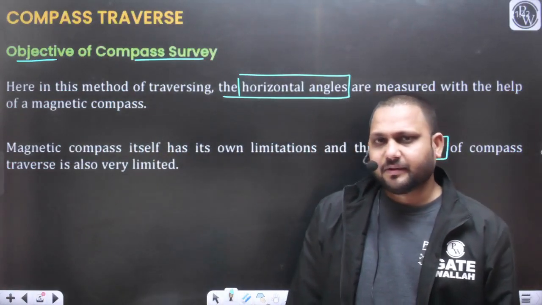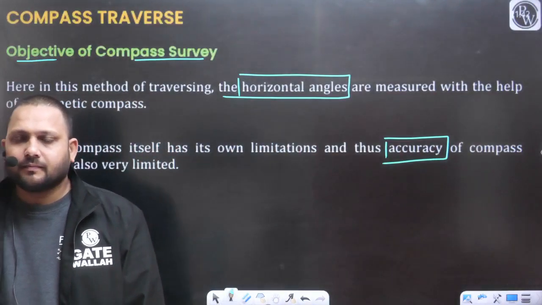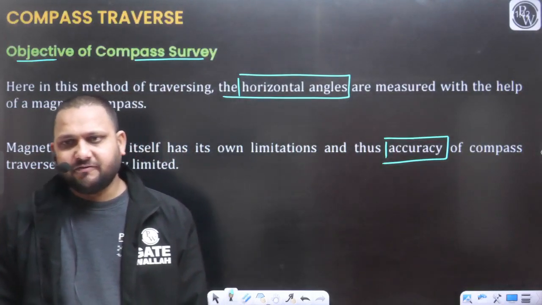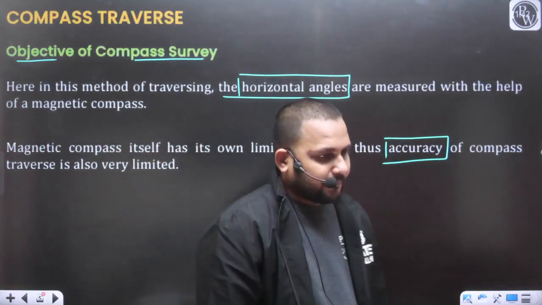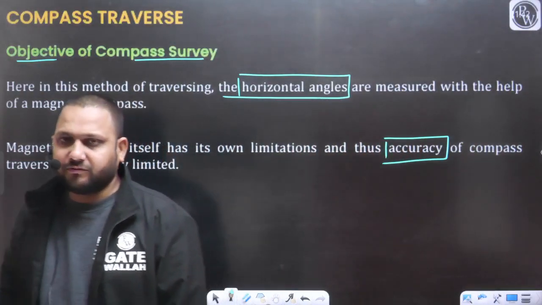So there is some accuracy issue with compass surveying, and limited use will be there. But on the basis of what we have discussed, we can conclude the main objective of compass surveying is the measurement of the horizontal angle.